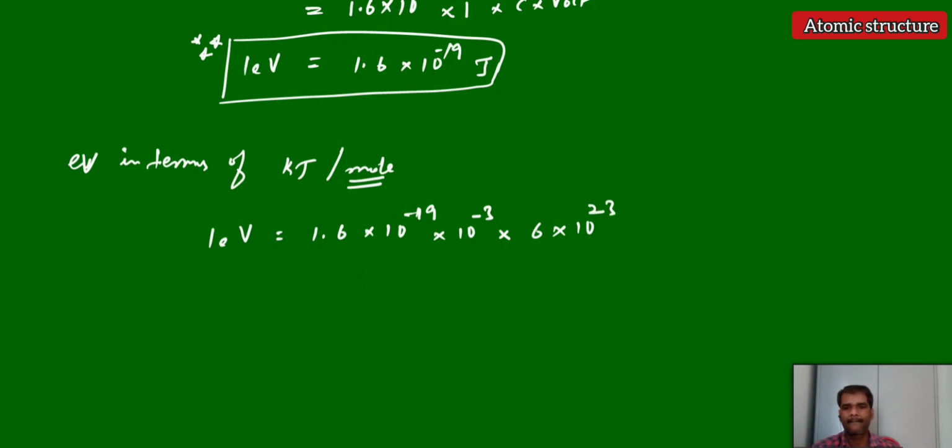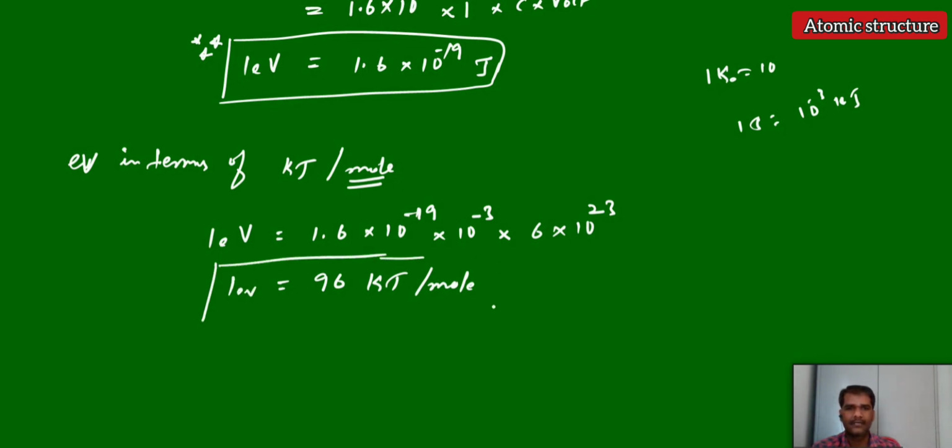Now you simplify this one, you will get approximately 96 kilojoule per mole. Means 1 electron volt is equal to 96 kilojoule per mole, or 1.6 into 10 power minus 19 joules. This is joules per electron and this is kilojoules per mole of electrons. And this value also sometimes we will use, or else you can interconvert at the time.